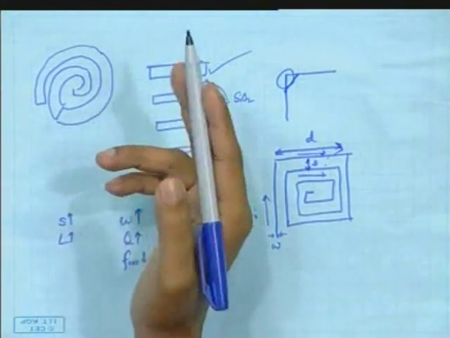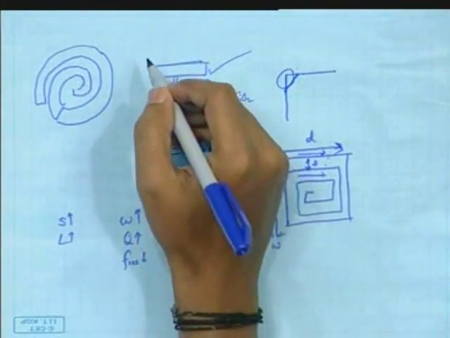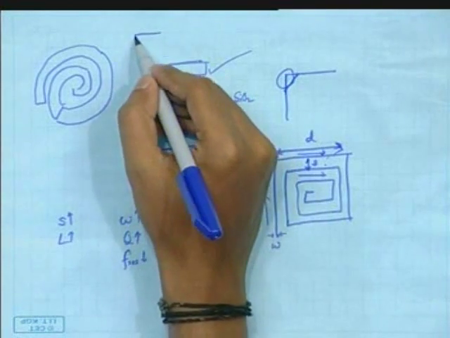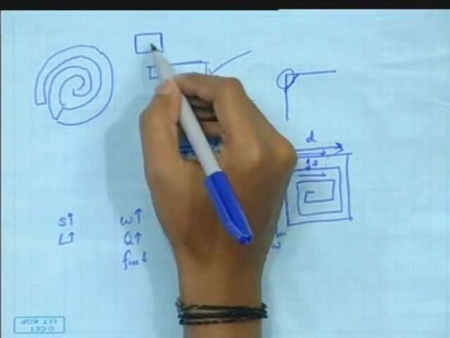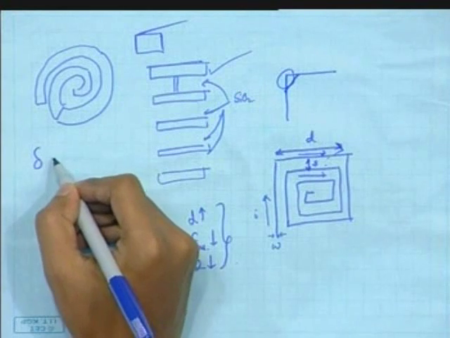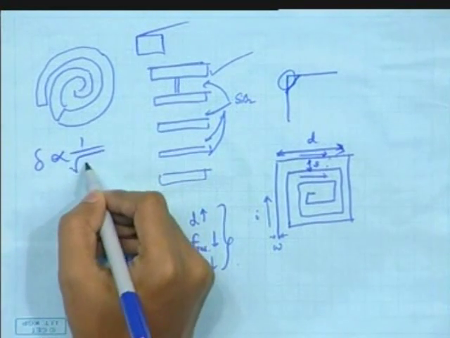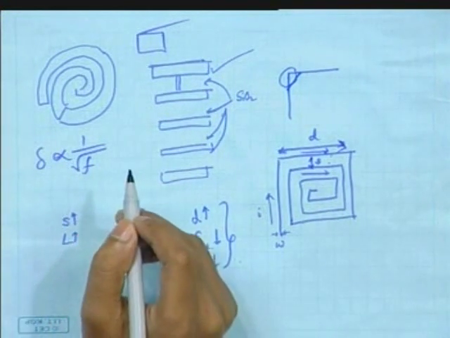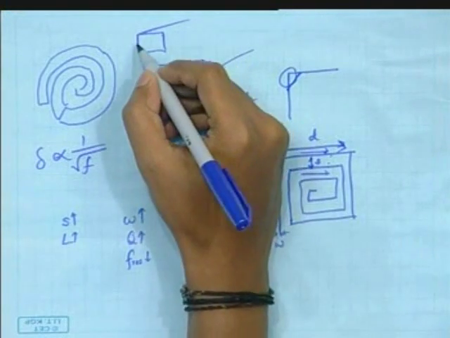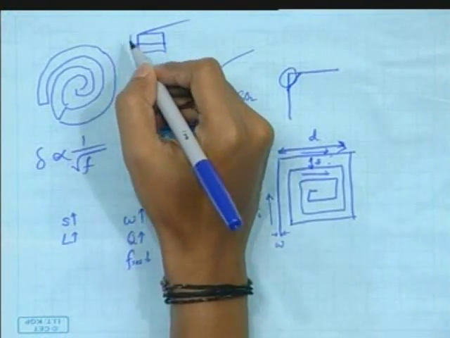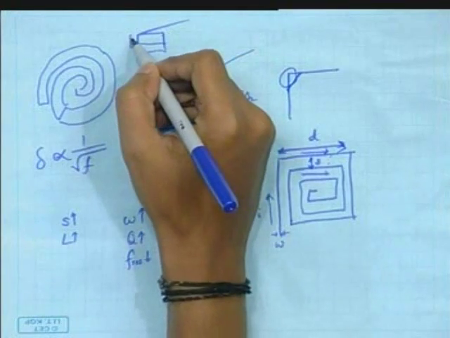Another is, as Ashu mentioned, the skin effect. That severely affects performance at higher frequencies, because the skin depth is inversely proportional to the square root of the frequency. So at higher frequencies the current effectively flows through a much smaller width, hence it contributes to severe losses.